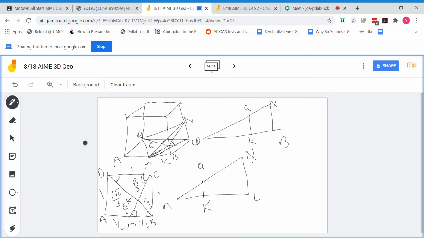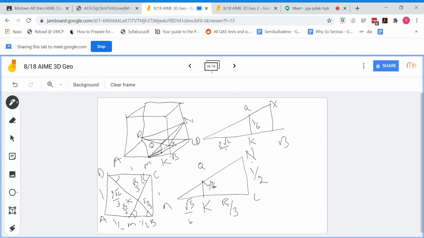So now we can plug in what we have. MK is √5 over 6. This is √5 over 3. We know NC to be half. And we can figure out MN, we can figure out QK. And QK comes out to be 1 over 6. And we know that DK is 2 over 3.